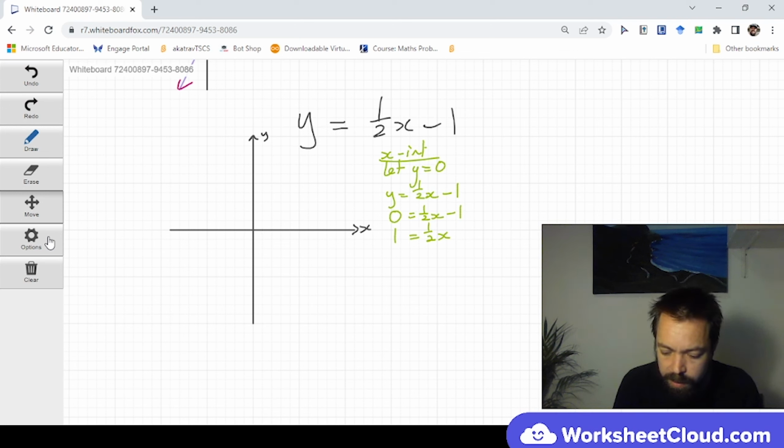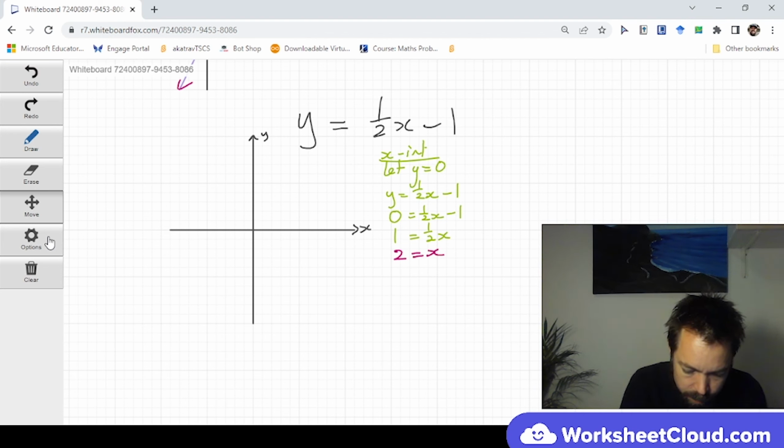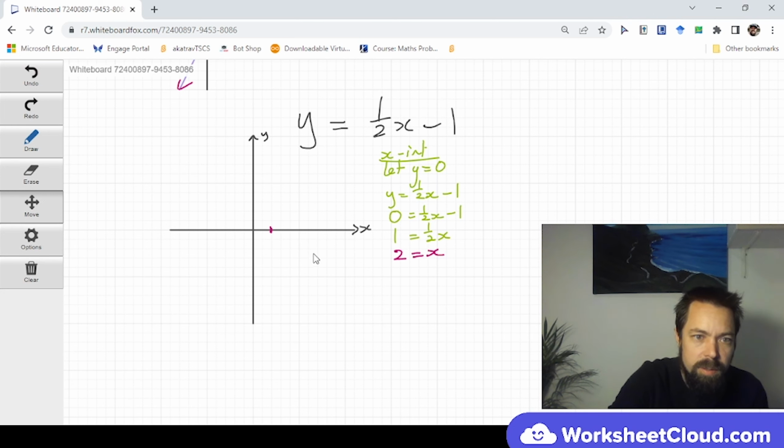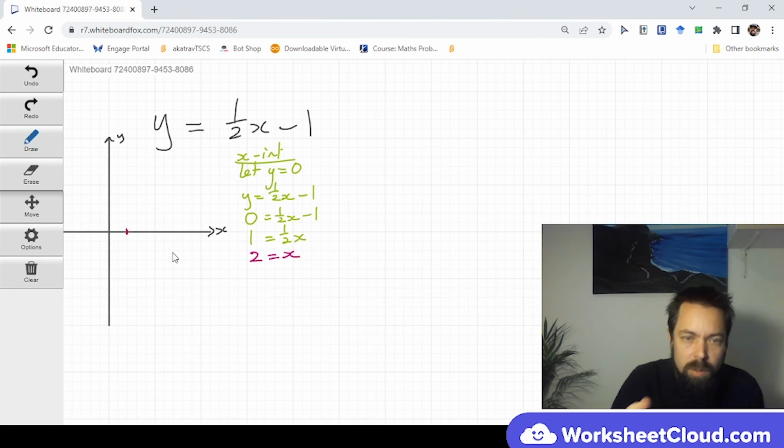And then to get rid of the half, I've got a double. So 2 is equal to x. In other words, it crosses at 2, which is the same point as the previous one. However, the gradient is different, and you'll see that in the angle of the graph. To find our y-intercept, we are going to let x equal 0.